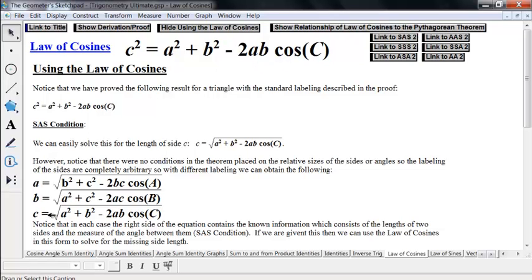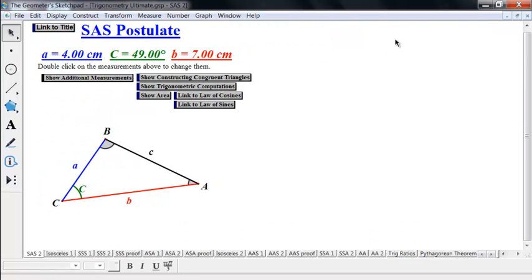So c equals the square root of a squared plus b squared minus 2ab times the cosine of the angle opposite that c. And similarly, we can solve for the other sides. So anytime we know two sides and the angle in between, we can use this law of cosines in this form to solve for the other side. And that's exactly the situation that we're in here.